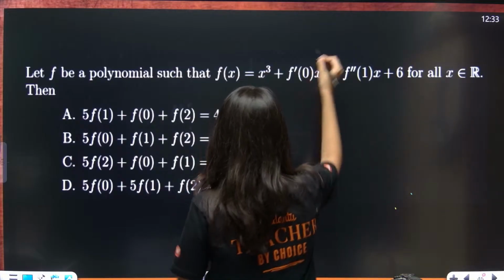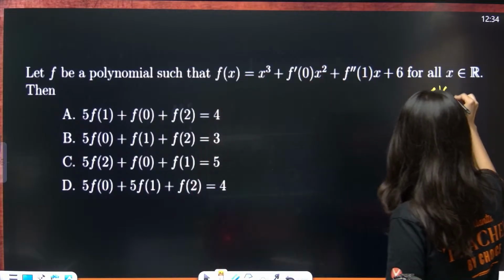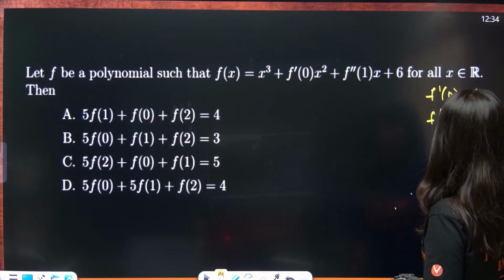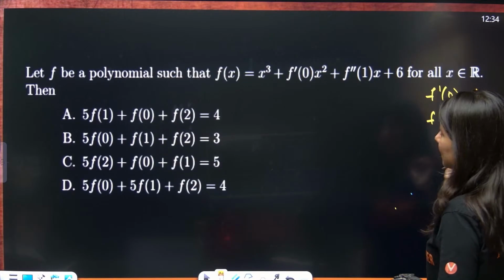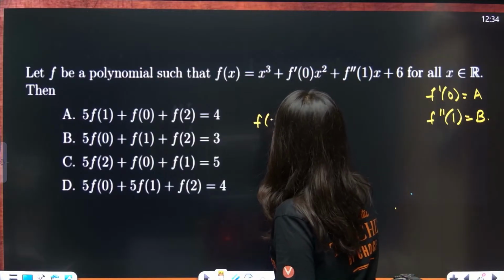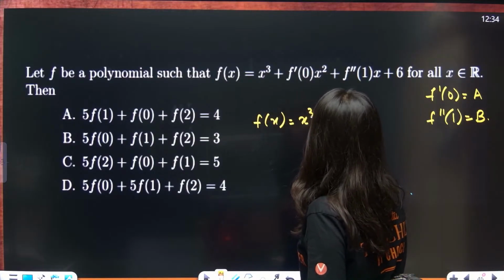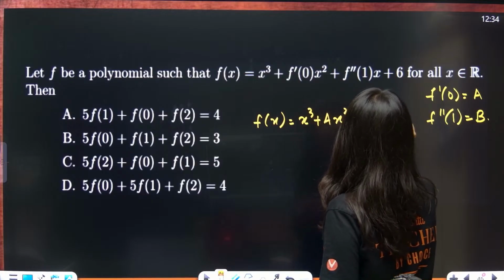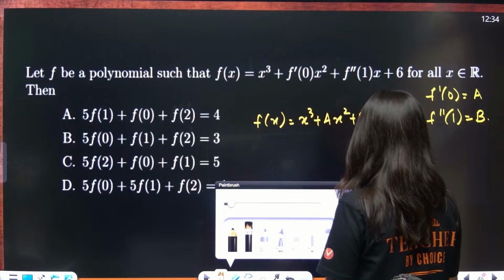What we need to do is f dash 0, I am keeping it capital A, f double dash 1 is capital B, that's it. So now your fx is x cube plus ax square plus bx plus 6. Start differentiating.